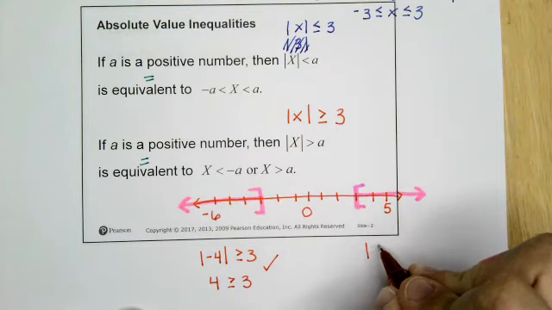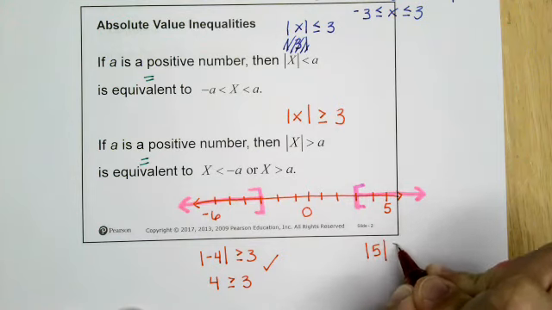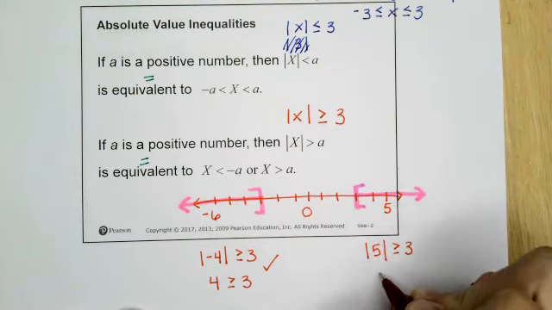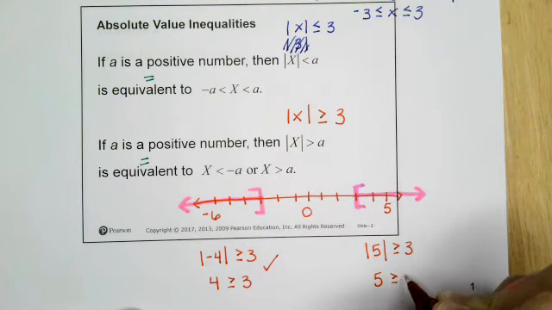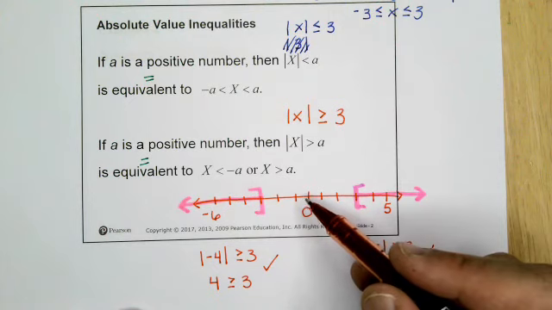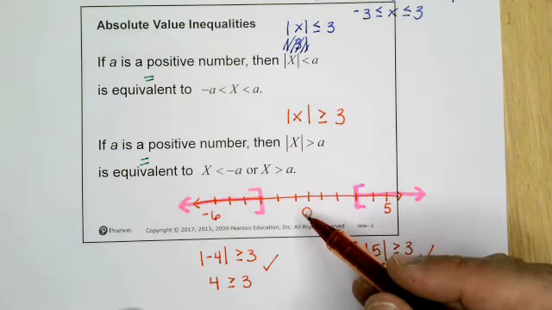The absolute value of 5 is greater than or equal to 3 because 5 is greater than or equal to 3, right? The absolute value of 0 is not greater than 3.